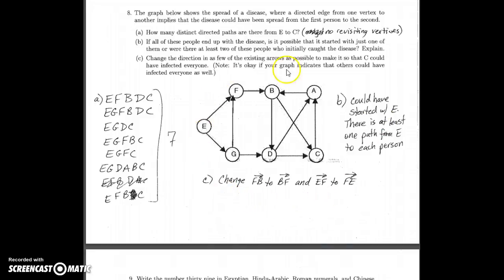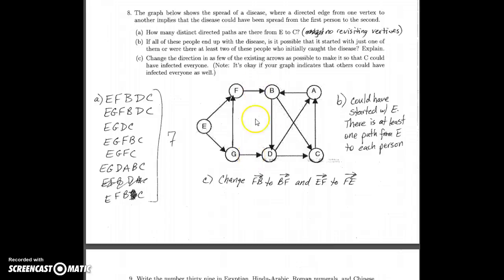And then if you want to change as few as possible so that C could have infected everyone, well, right now C can already affect C, A, B, D, right? C infects A infects B, B infects D. So all 4 of these could already be infected, but somehow we need to get over to this group here. So you need to flip one of these 2 arrows.